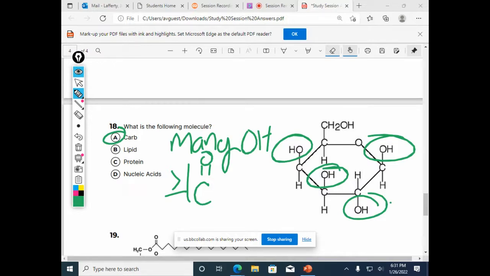Most of the time, just look at all the hydroxyls. But the distinguishing parts of a carb, let me move this down because that looks a little crowded. C with a double bonded O, that's a carbonyl, or a carbonyl. People call them both. Same word, just pronounced different. Okay?